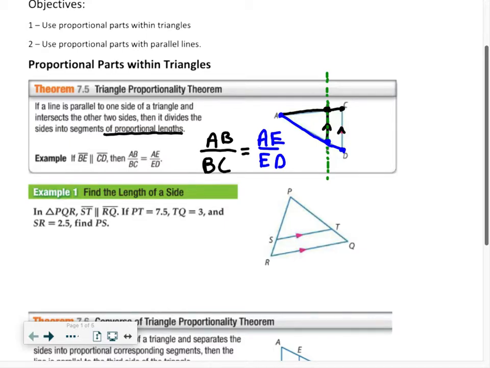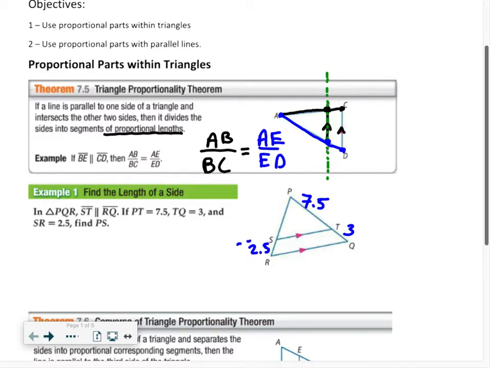Okay? So in triangle PQRS, this is example 1, ST is parallel to RQ. You can see those are marked with the arrows. If PT equals 7.5, TQ is 3, and SR is 2.5. Find PS.